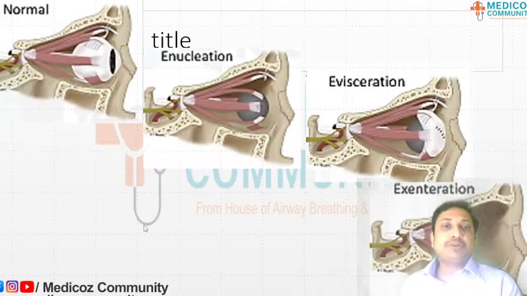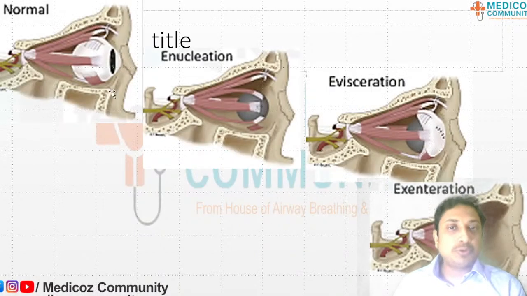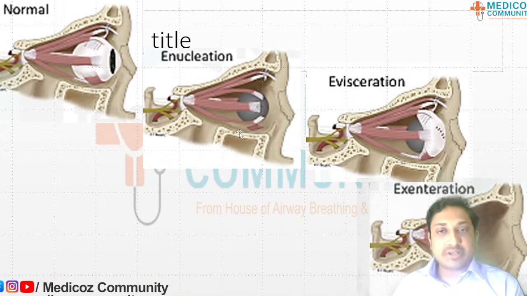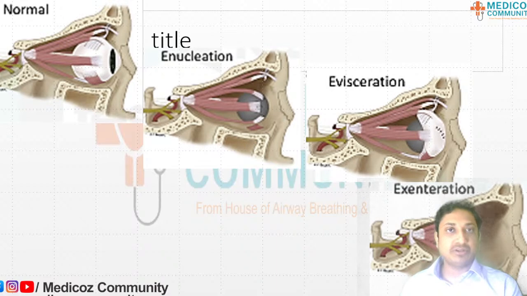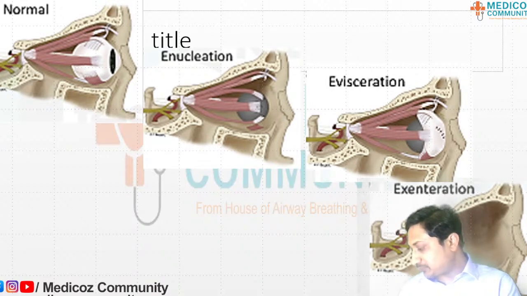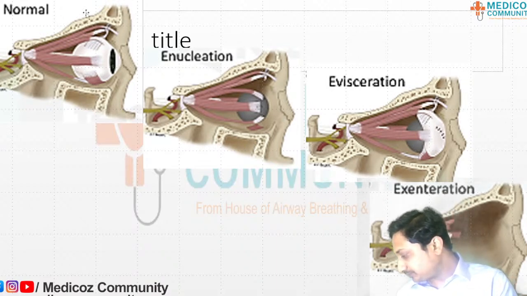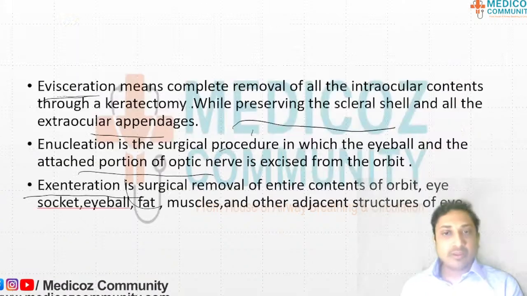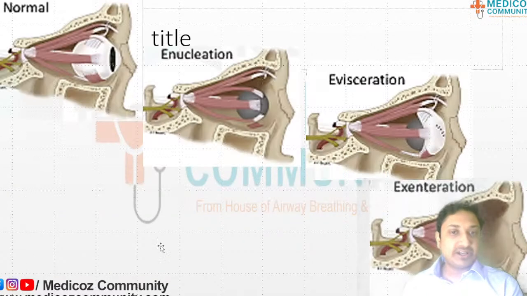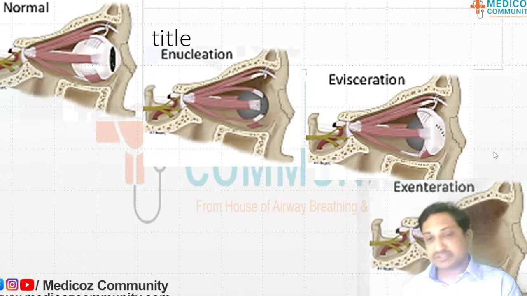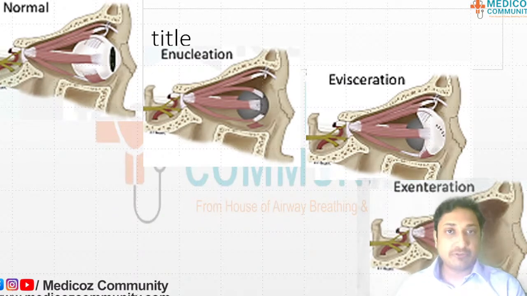I'll show you a beautiful figure so that you know what remains and what is gone in enucleation, evisceration, and exenteration. I hope you are answering in the chat box for what I have asked. When was exenteration done in COVID times, and what was the disease for which it was done. So in enucleation, you remove the complete eyeball and sever the optic nerve.